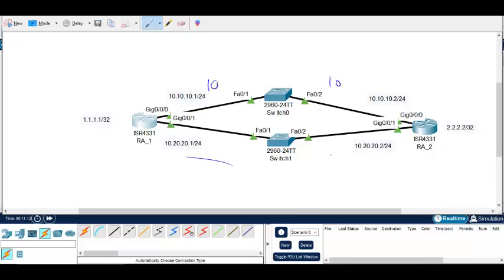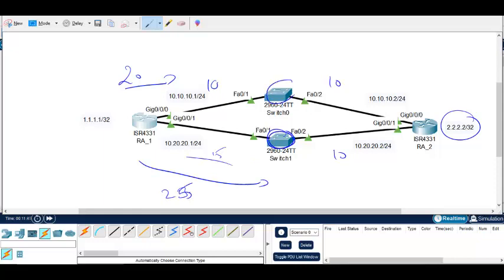So what happens to reach 2.2.2.2? The advertised distance and feasible distance is 20 from here. Whereas from here it is 25. 15 plus 10, 25. The upper path, 10 plus 10, 20.